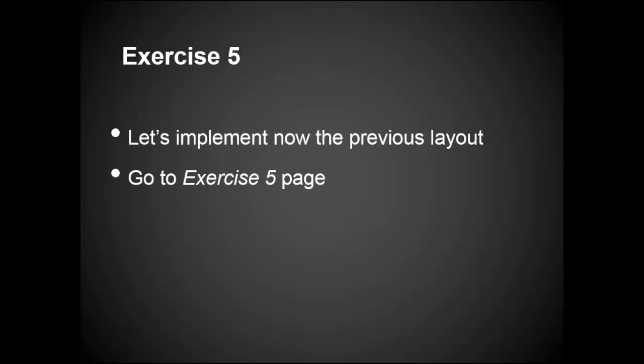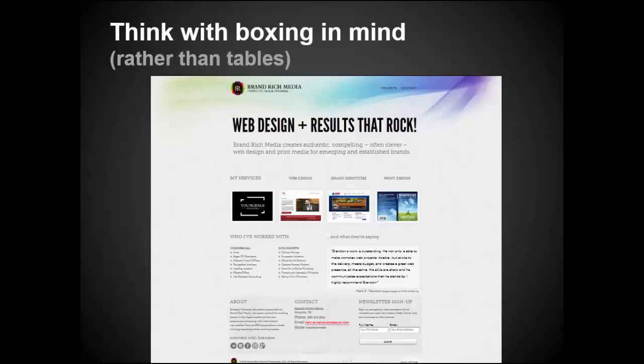Bottom line, you should try to think with boxes in mind rather than tables. So here is an example. If we had to create a single table for layout for all of these elements, it means that we would need at least 12 columns, because the layout is divided in 3 here, in 2 here, and then in 2 again, and here it is divided in 4.